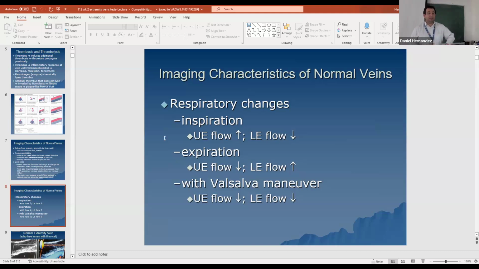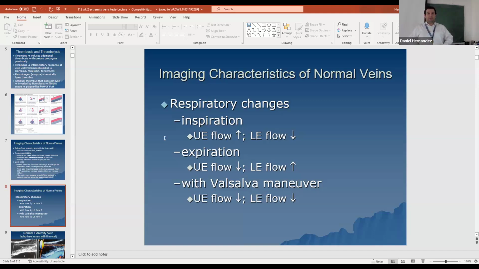So when you have to figure out these questions about upper extremity flow and lower extremity flow with inspiration and expiration, just visualize what that diaphragm is doing. When you breathe in, deep breath in, as the lungs are filling, the diaphragm's going down. So that's going to squeeze those abdominal organs and create high pressure in the abdominal cavity.